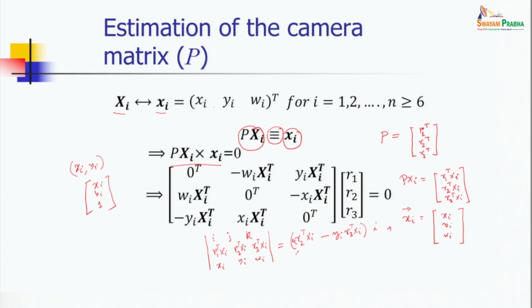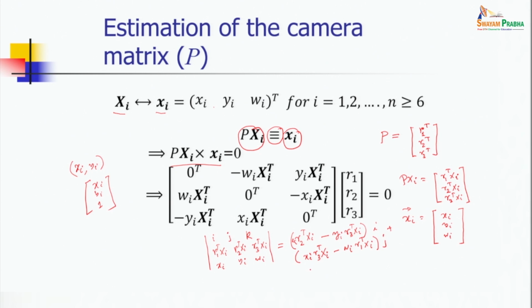Then the second component would be xi R3 transpose xi, so note the respective notations of capital and lower cases here, minus wi R1 transpose xi, along j.